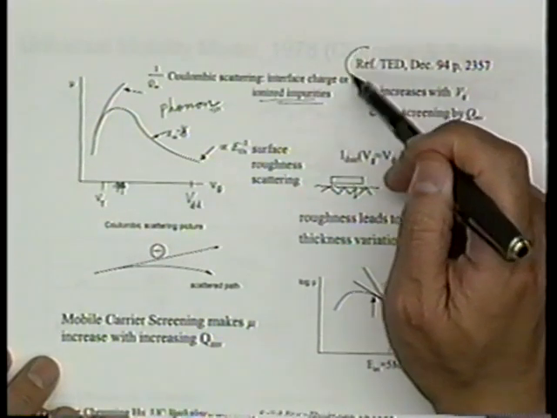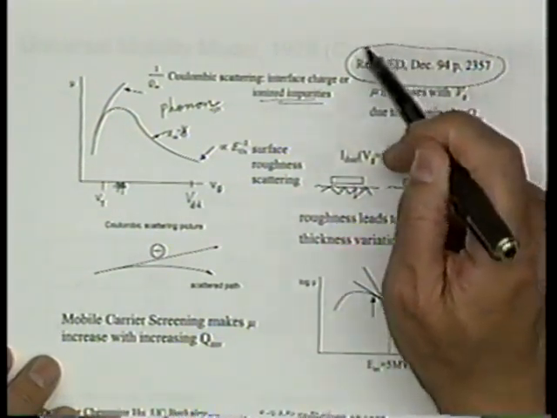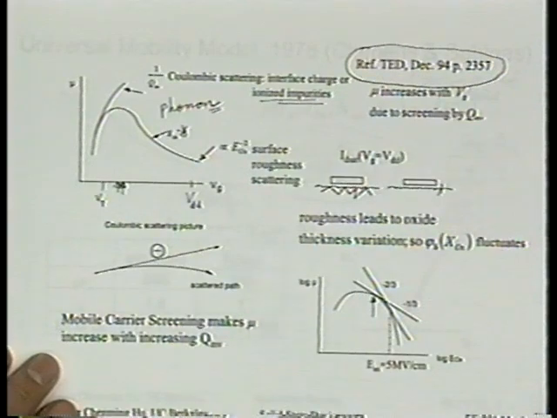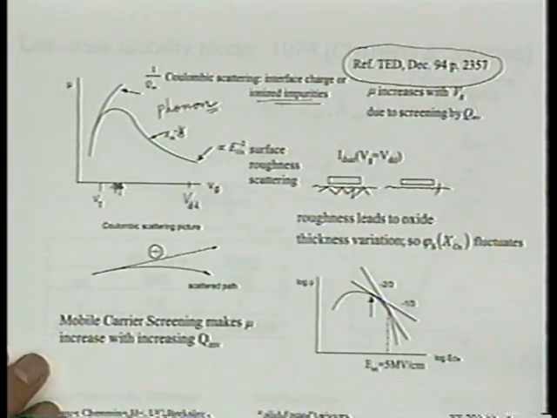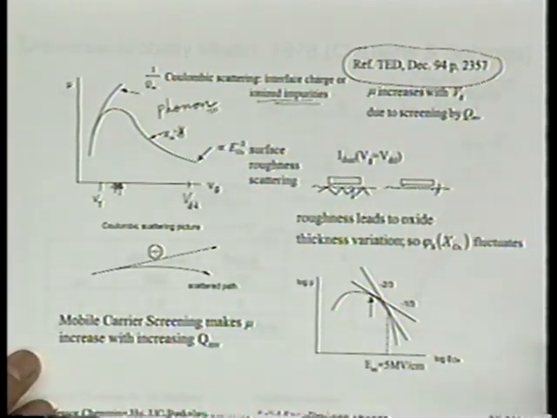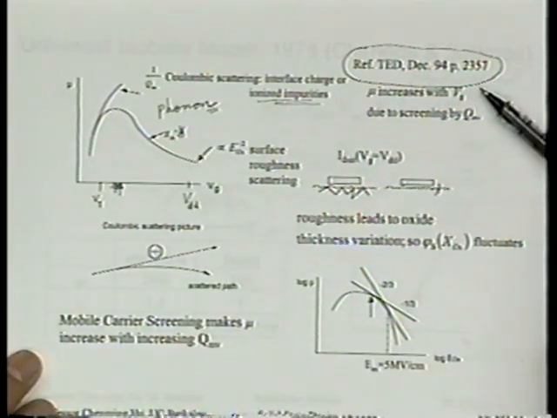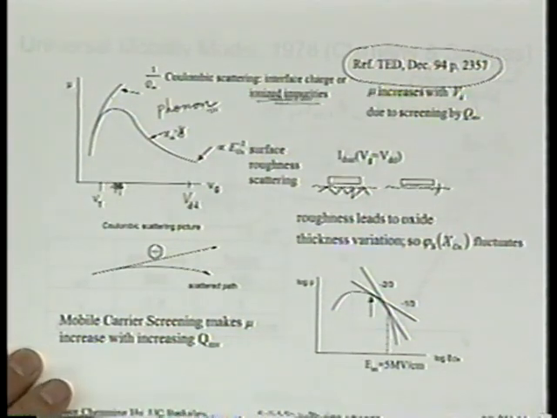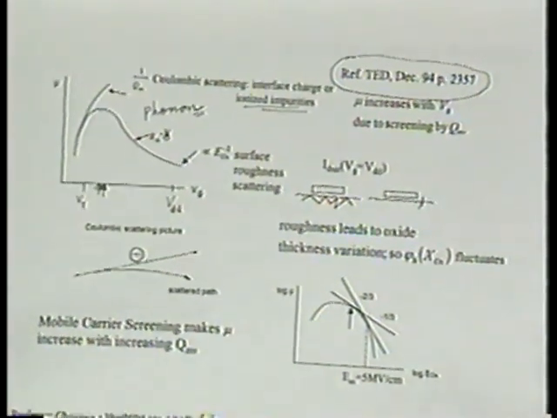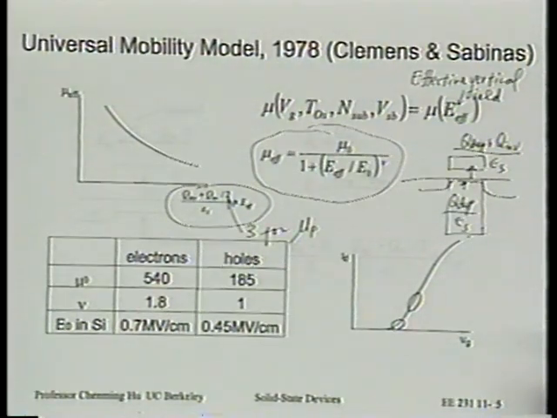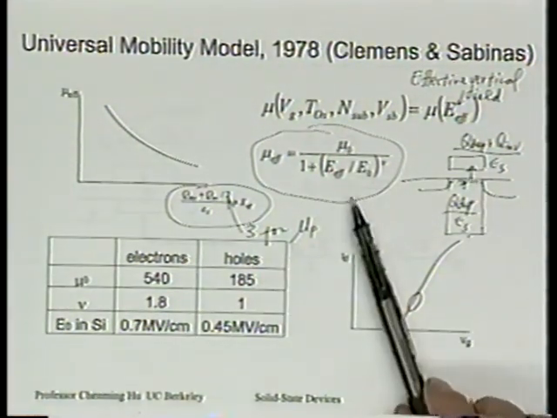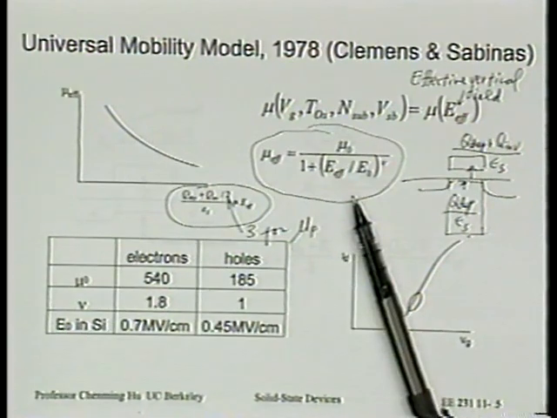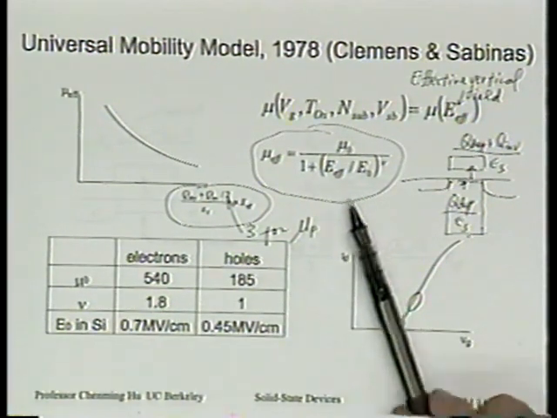This reference is given in your handout, and this is from Dr. Takaki of Toshiba Corporation. It gave a very detailed experimental study of the mobility data and some interpretation in terms of mechanisms, and so it's a good reference. All right. So this is then an empirical fit to experimental data. Any questions? And these values are given here.